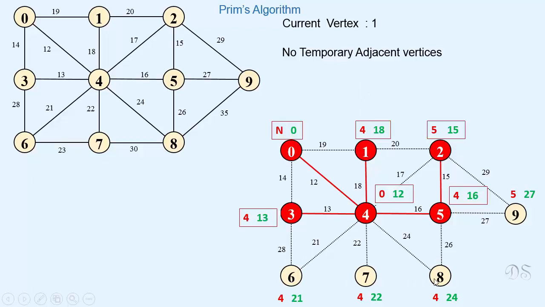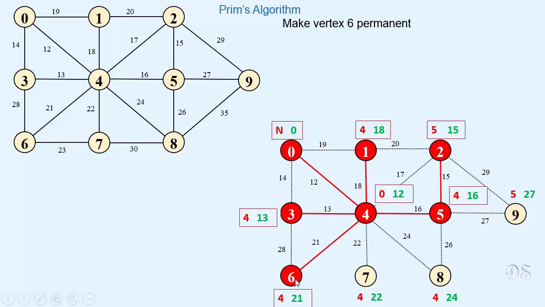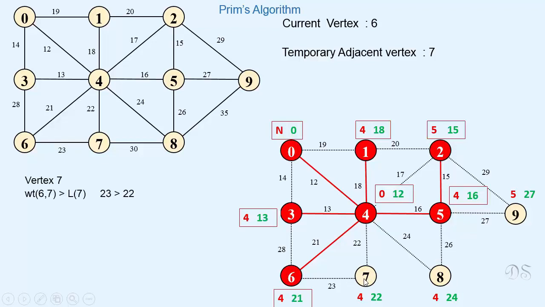So now from all the temporary vertices left, we have this vertex 6, which has minimum value of length. So we'll make vertex 6 permanent. Now 6 is our current vertex, and this vertex 7 is adjacent to 6 and is temporary. So we'll examine this vertex 7. This 23 is greater than 22. So we'll not relabel this vertex 7.